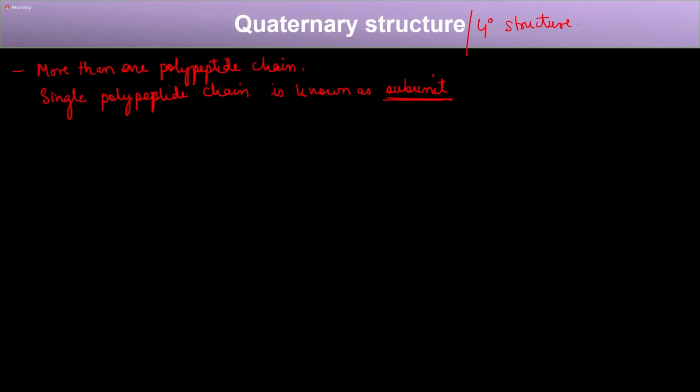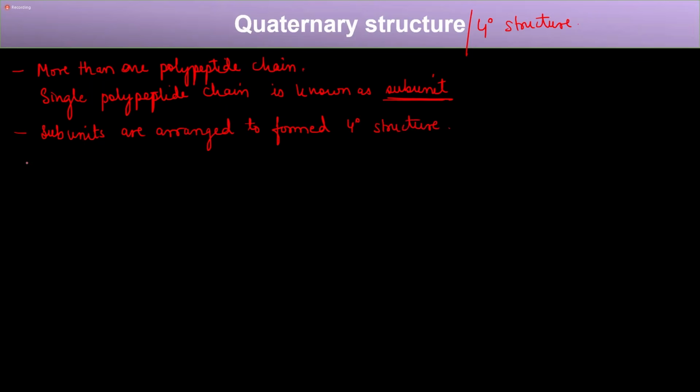A quaternary structure is made up of more than one subunit. These subunits, or single polypeptide chains, are arranged to form the quaternary structure, right?